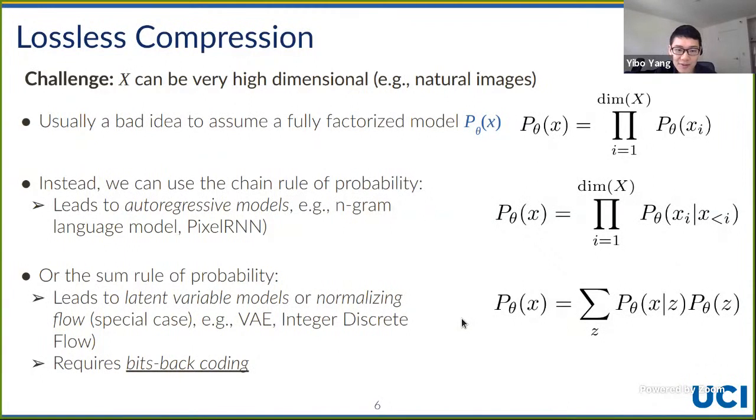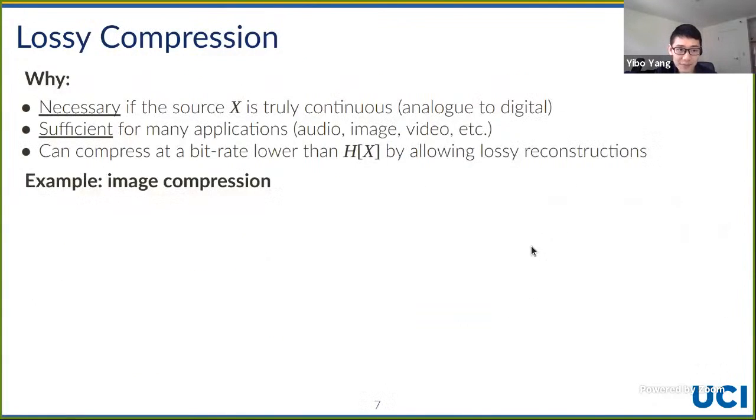And you'll need something else other than Huffman coding to deal with this marginalization problem, and it's called bits-back coding, but we'll not get into that here. So this is kind of an overview of lossless compression and its more recent development. So people are trying to come up with ways to model high-dimensional data and compress it.